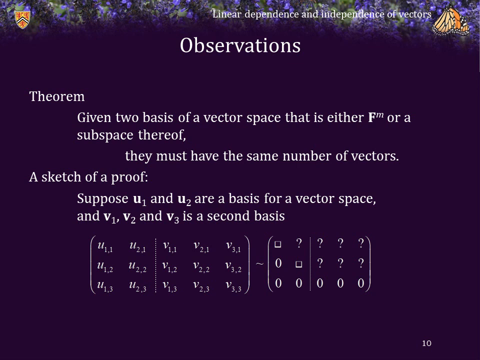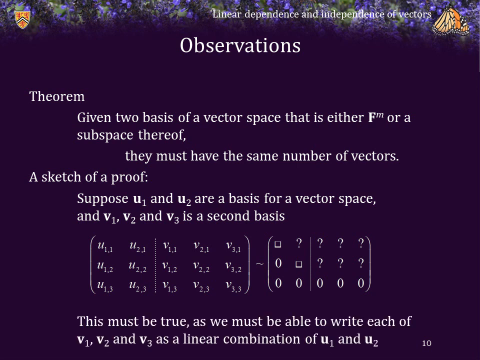But the rank of the 3 by 2 matrix of the two u vectors is equal to 2, and therefore all of the vectors v1, v2, v3 must also be reduced to 2 rows. This must be true because we are able to write each of v1, v2, v3 as linear combinations of u1 and u2.